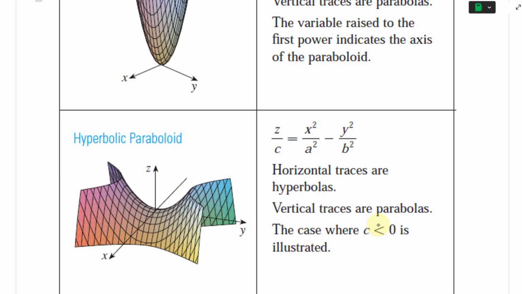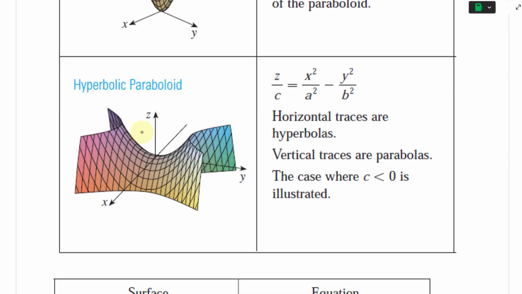And then the case where c is less than 0 is illustrated. So c is negative there. Then y is positive when you move it over, and the x will be negative.